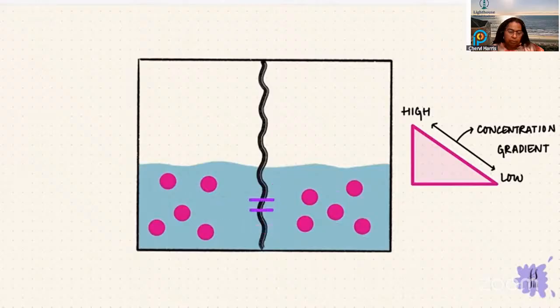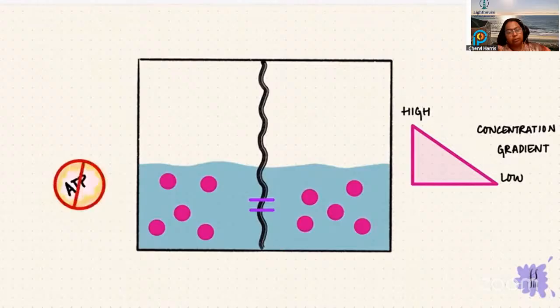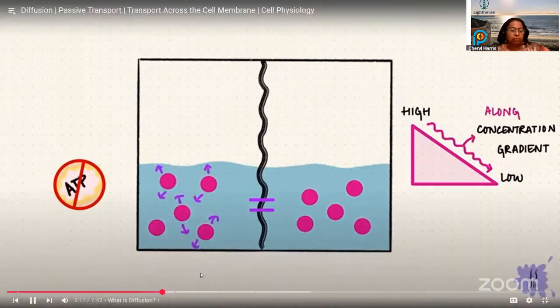This is equilibrium. What drives them to move is the kinetic energy of the molecules themselves. No additional ATP was required. Since diffusion happens from higher to lower concentration, the movement is along or down the concentration gradient. Even at equilibrium, the molecules still keep moving around, but the concentrations of the two solutions stay equal.